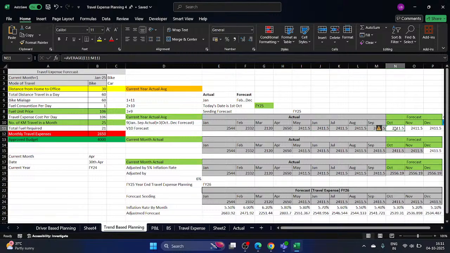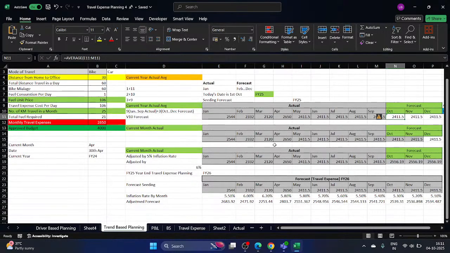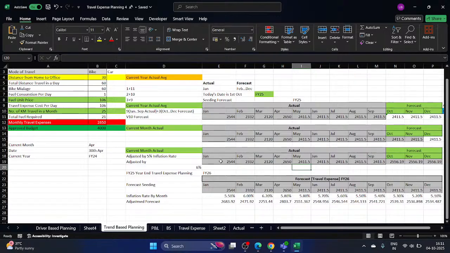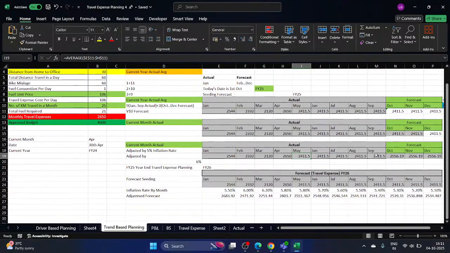So for the October month, suppose we have to do the forecasting, we are doing the same thing here, but here the actuals which we have filled also, and the average is taken here also.